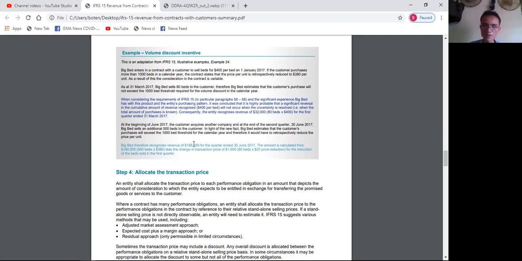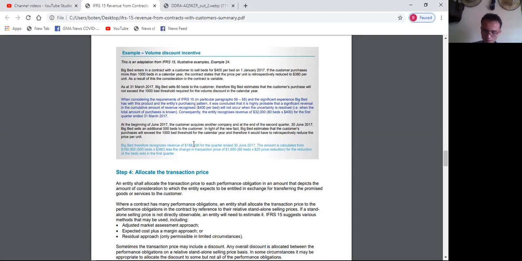How is that computed? For the first quarter up to March 31, 2017, that's 80 beds multiplied by 380, so that's 30,400.